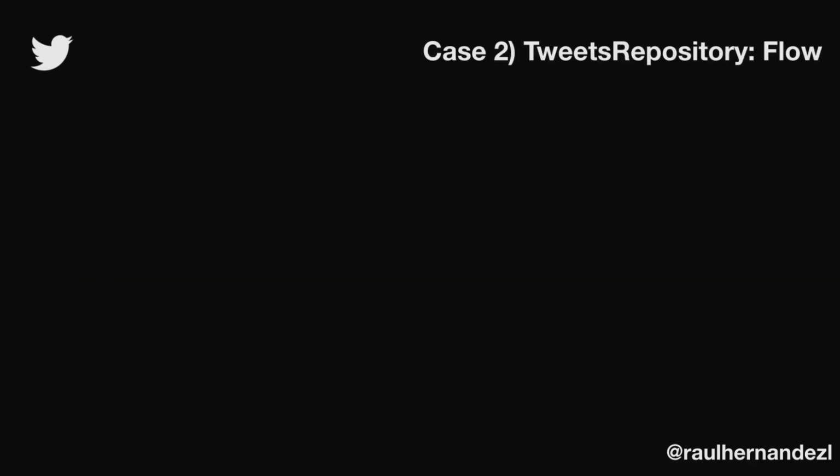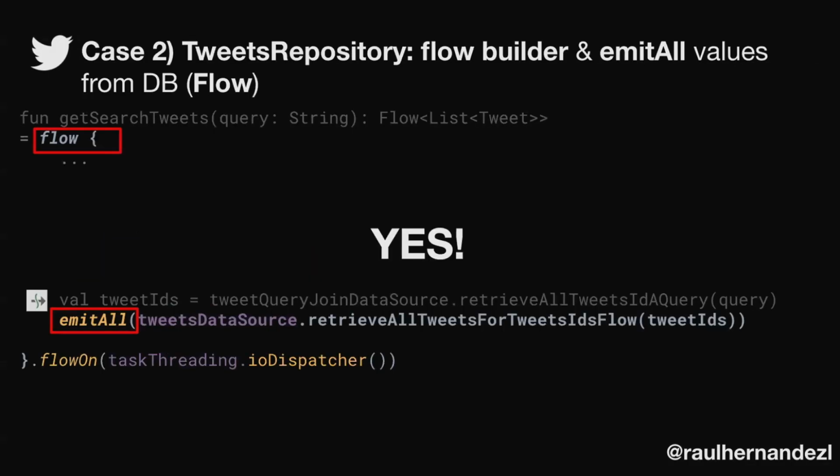But now we have a few more cases. For instance, if we want to do in the repository something like emitting all values in a flow, by the way, this flow builder is something that probably we're going to use very frequently when using Flow, because inside you can emit different sets of things.